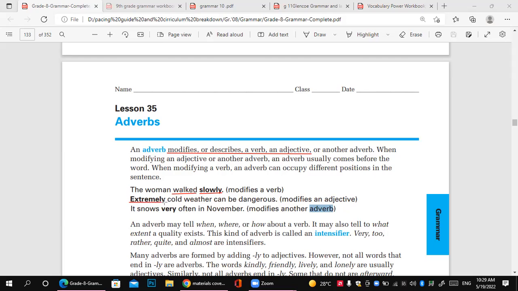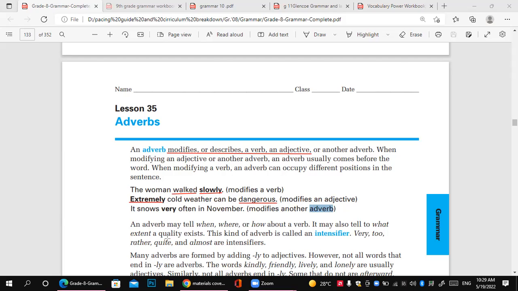So extremely modifies what? It also describes the word dangerous. How dangerous? Extremely dangerous. So extremely modifies an adjective, and the adjective is dangerous.